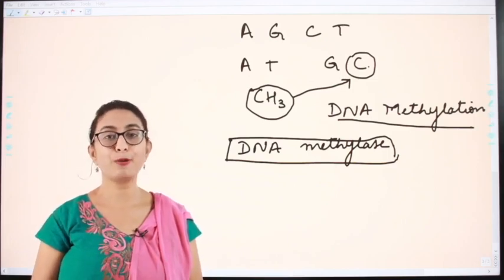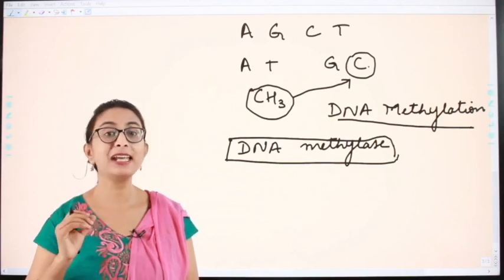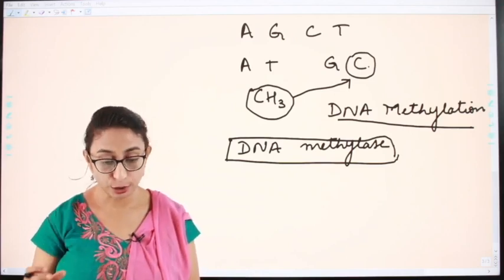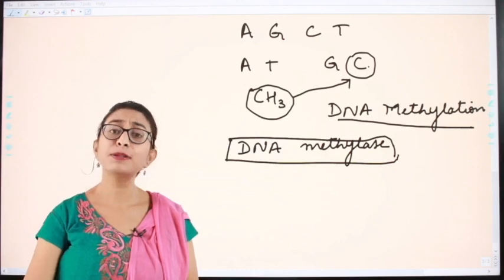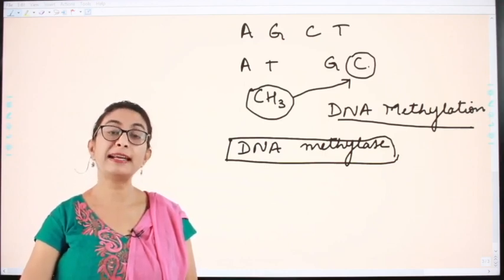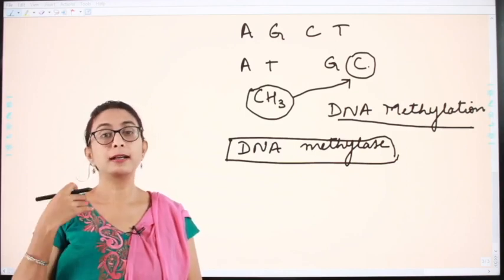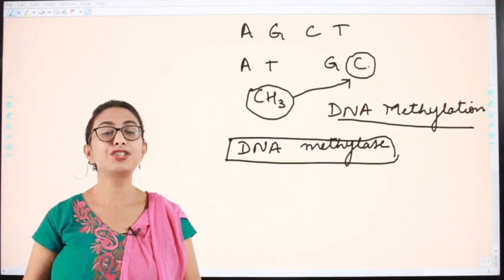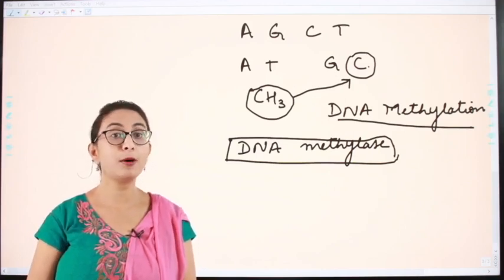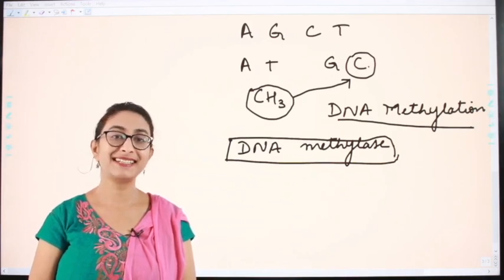This entire process is called DNA methylation, and it is this DNA methylation which controls the expression of the gene. That is why this process is responsible for the difference in the age at which you get the disease, depending upon which parent you inherit the gene for the disease from.